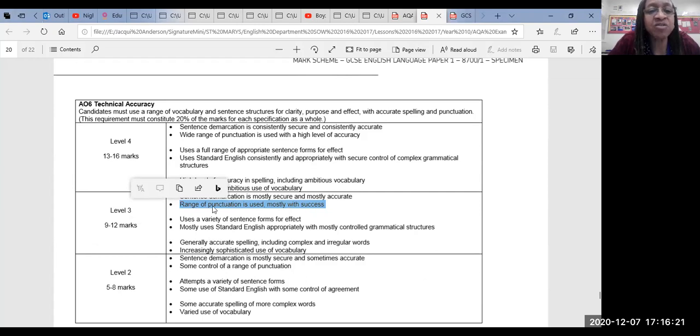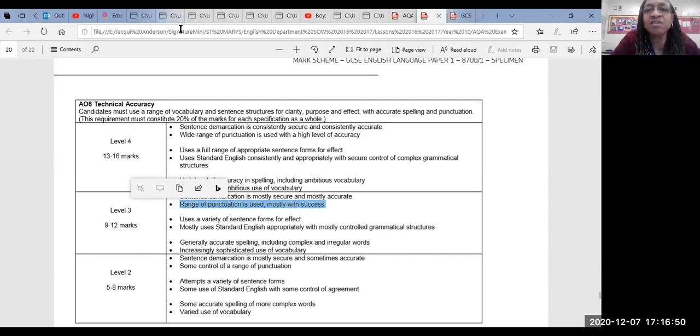Okay, that you're using a range, so that's of the 11 bits of punctuation that we know: full stops, commas, question marks, exclamation marks, ellipsis, colon, semicolon, brackets, dash and apostrophe. You are using a range of those. So out of the 11 that you're using, at least 7, 8, mostly with success. So you're trying to use them and in the right order.